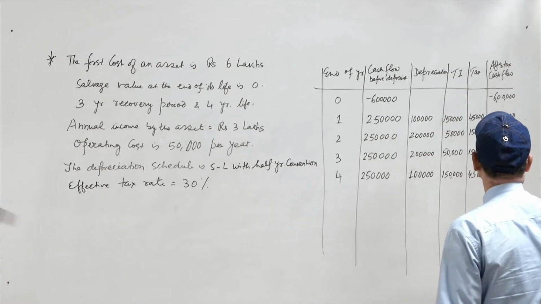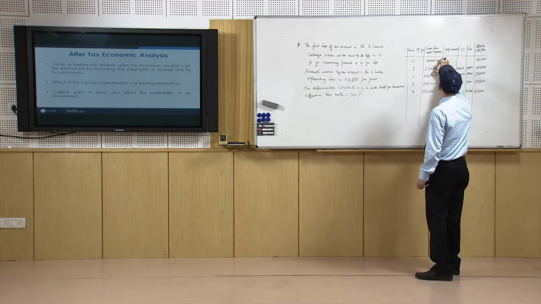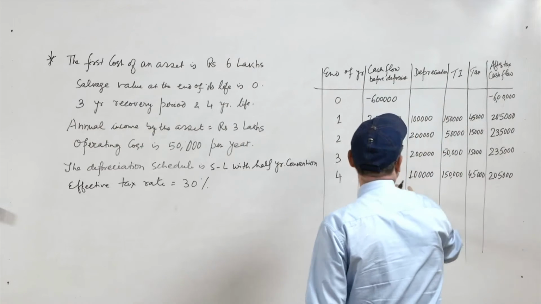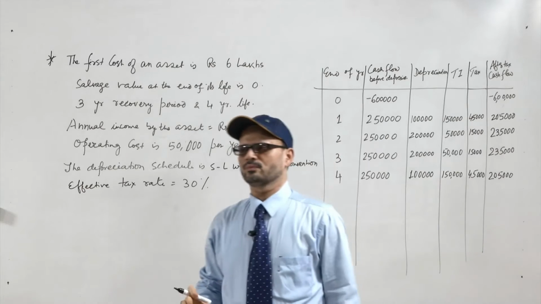So this is how your cash flow is changed: before depreciation this is the cash flow and after depreciation this is the cash flow.